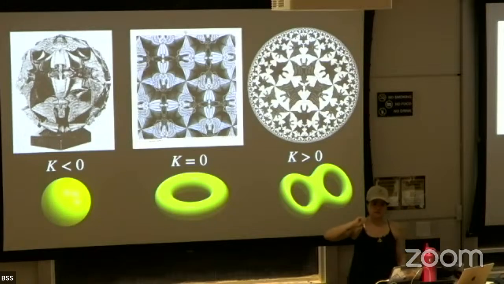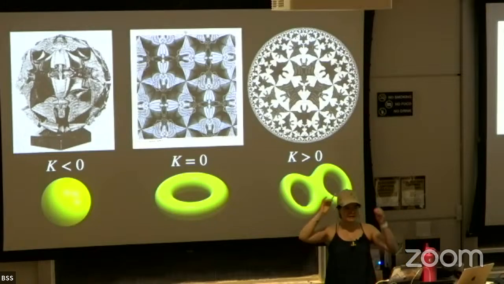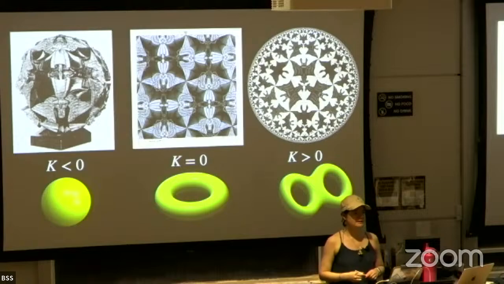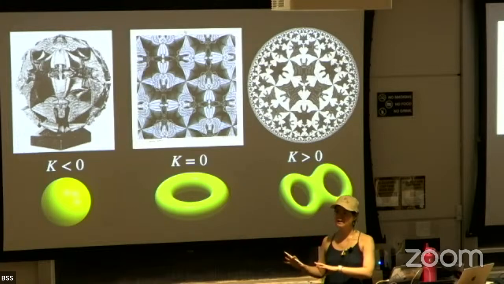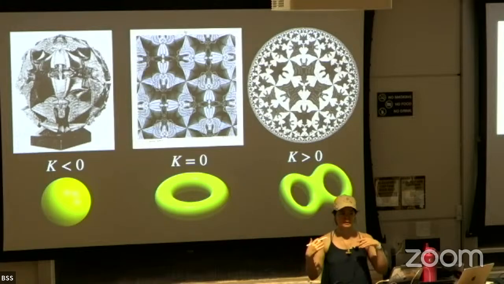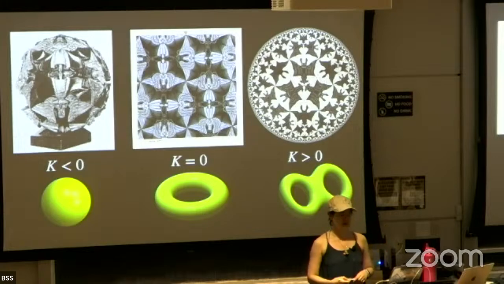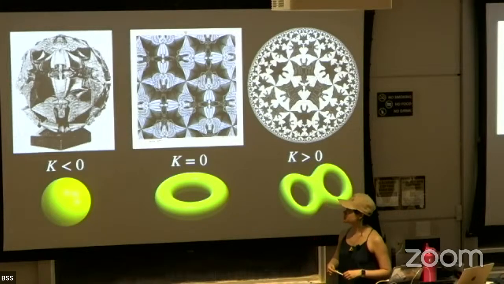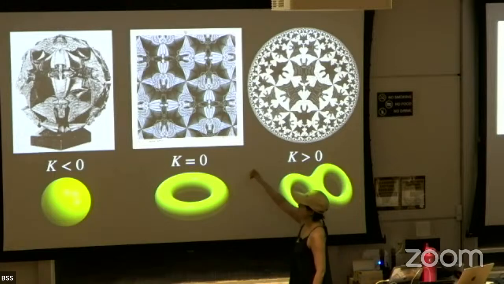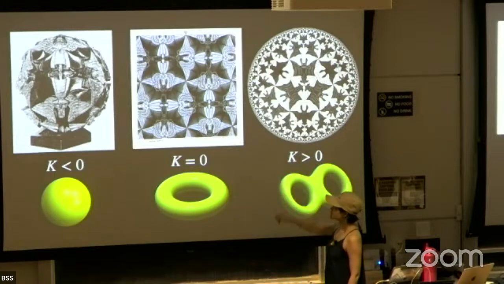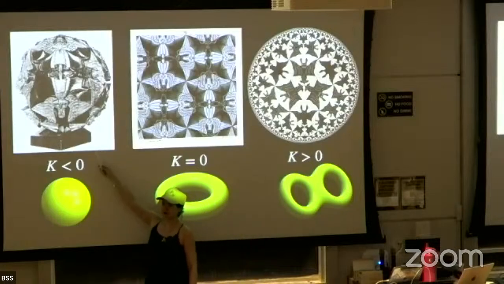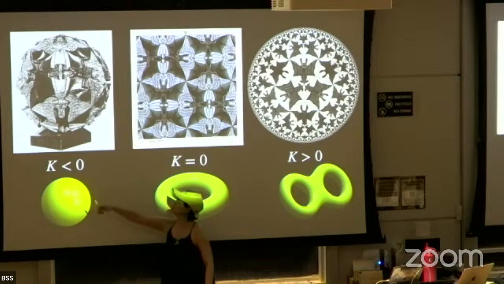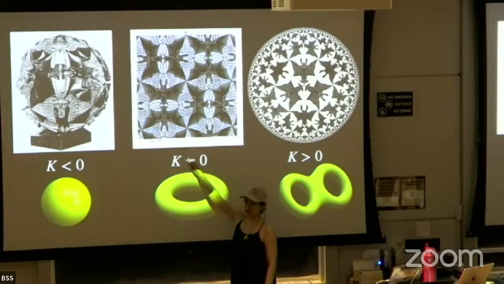And so there's this idea of geometrization. You can take surfaces that have either positive curvature, 0 curvature, or negative curvature and assign a uniform metric to them. And those uniform structures here, these are all works by C. Escher. For spherical space, you've got a sphere. For flat space, you have a plane.